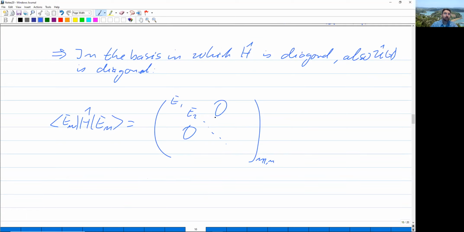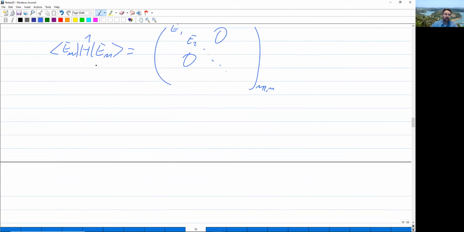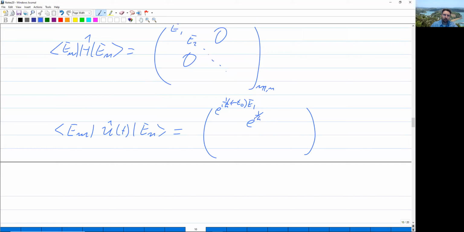If this is the Hamiltonian in its eigenbasis, then the matrix elements of the time evolution operator are given by e to the power of 1 over i h bar t minus t naught E1, and then e to the power of 1 over i h bar t minus t naught E2, and so on the diagonal, and zeros on the off diagonal.